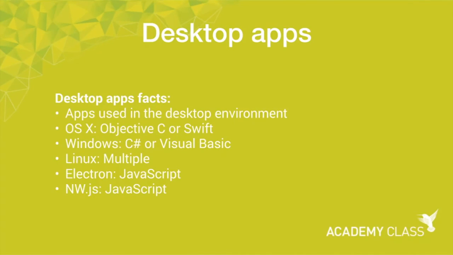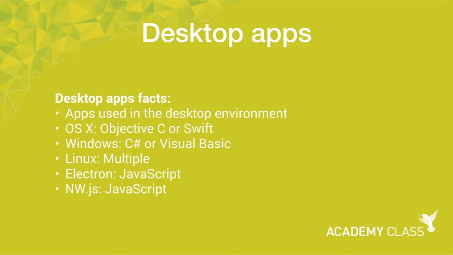I think Python is the recommended one at the moment for Linux. However, there are two JavaScript ways to build desktop native apps. There are no hybrid apps for desktop, since desktops don't have that much platform specific differentiation.